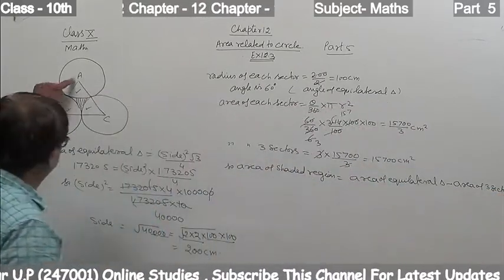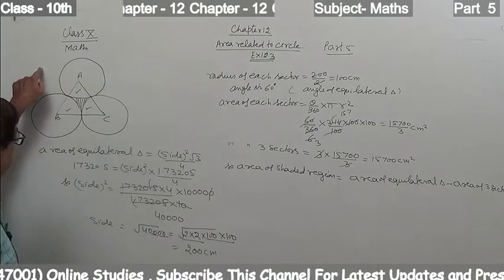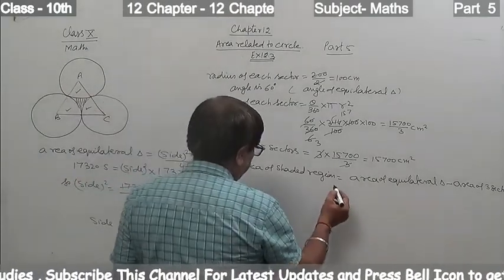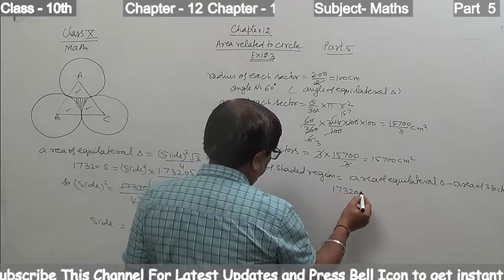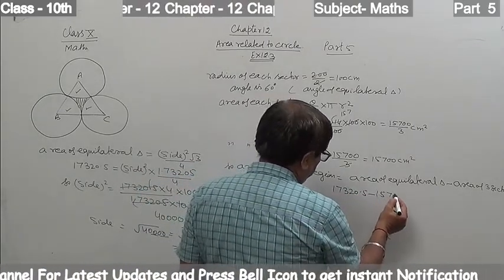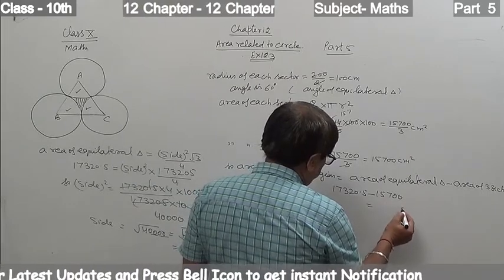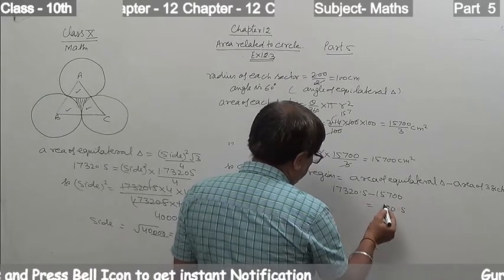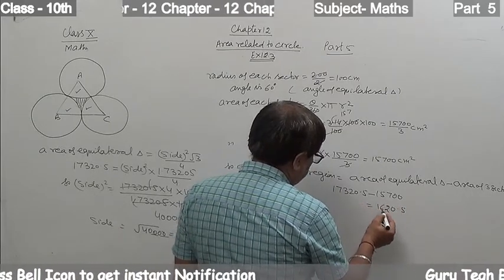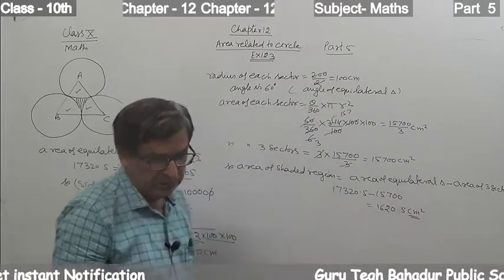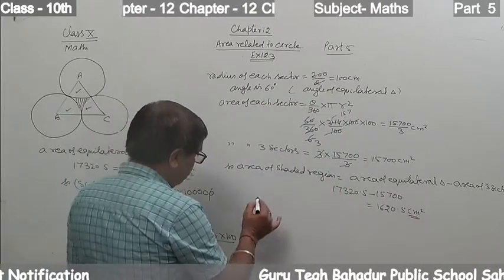This is the equilateral triangle, these are the three sectors, and it is 17320.5 minus 15700, which is 1620.5 centimeter square.